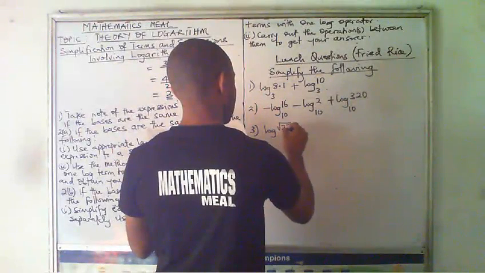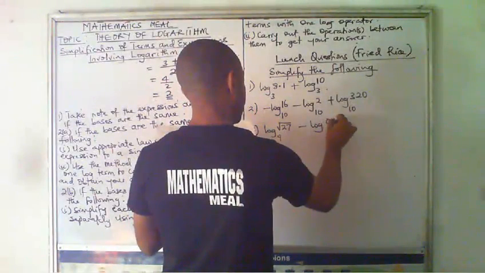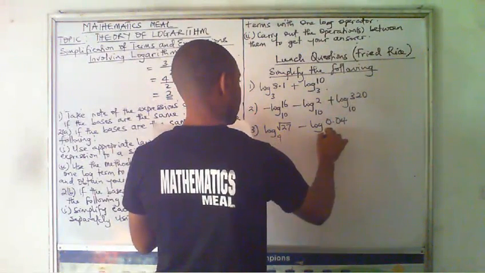And then the third question, we have log of square root of 27 base 9 minus log 0.04 base 5.